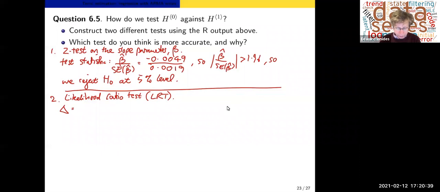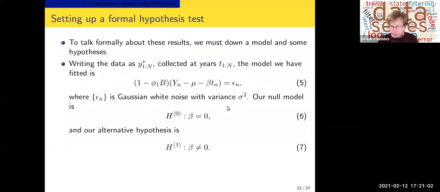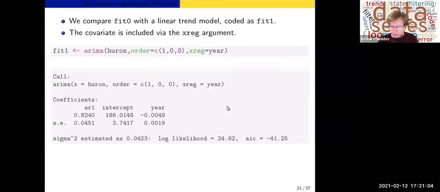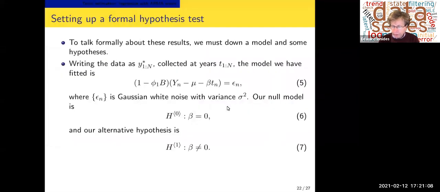Let's call delta the difference in the log likelihood, so it corresponds to a ratio. Let's just check what these things are. So this log likelihood here is 24.62.